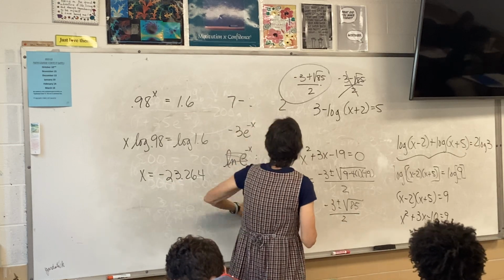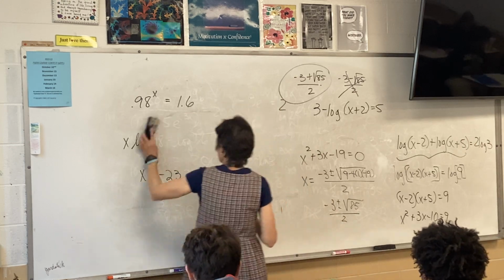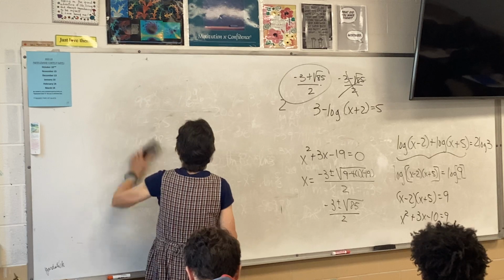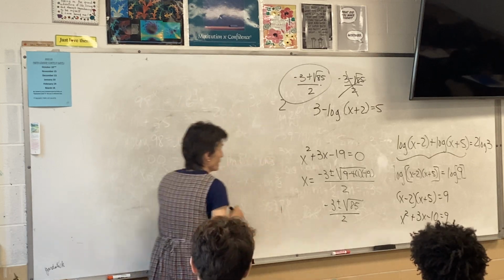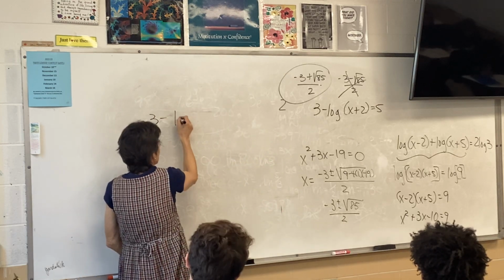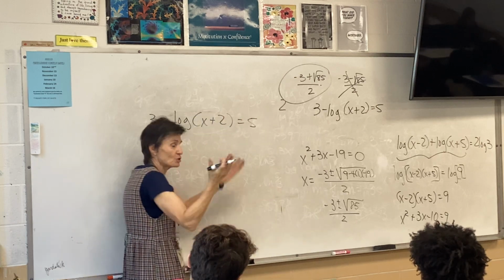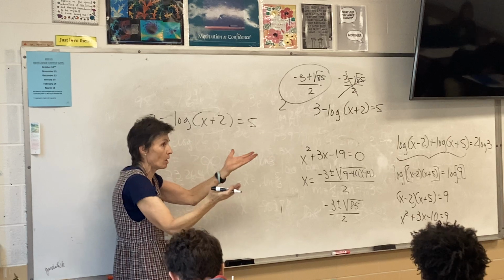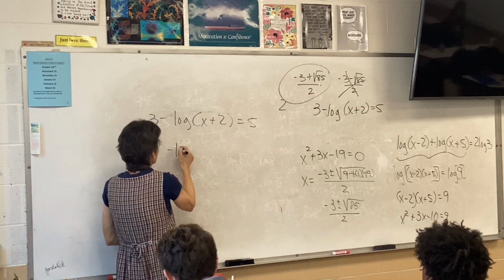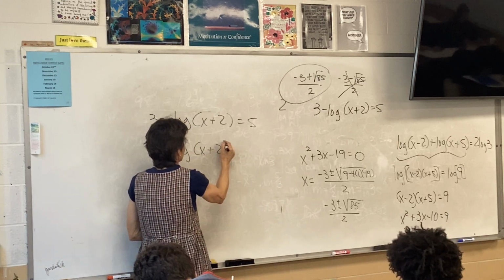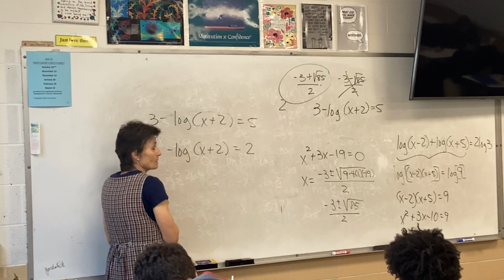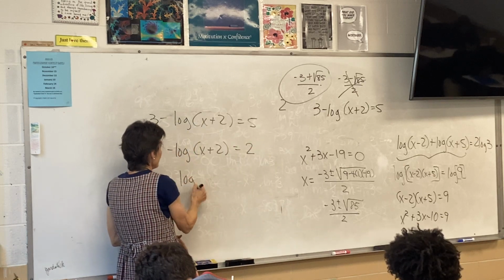Now, what is different about that other problem? There are no logarithms on one side. So when that happens, kids, you're not gonna drop the logarithm because you're not gonna have log equals log. So we're gonna subtract the 3. We're gonna divide by the negative.